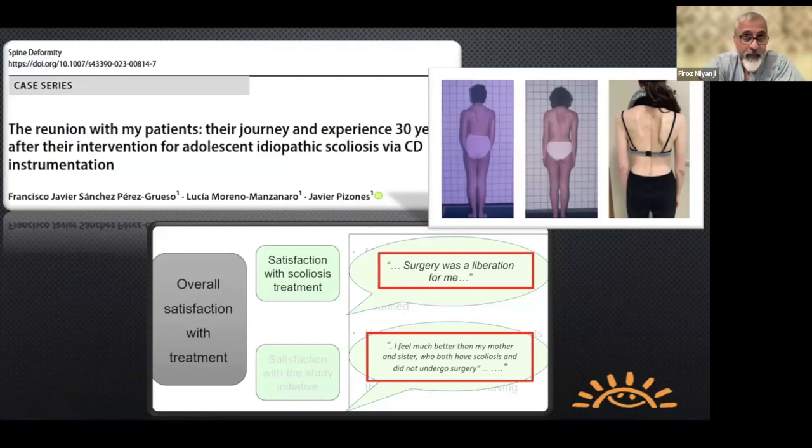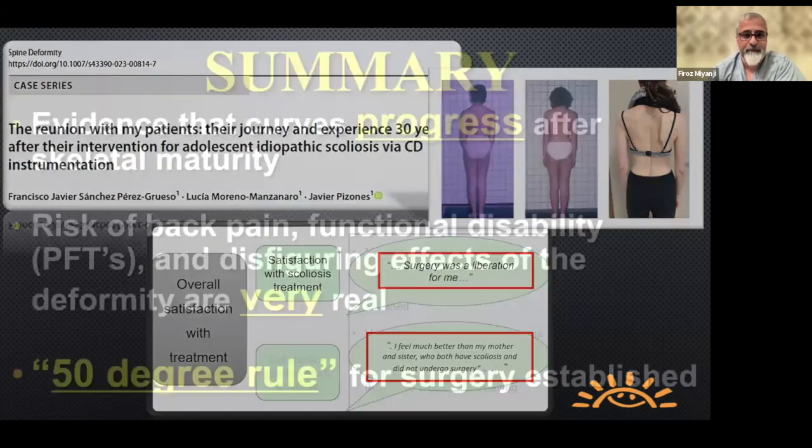They felt much better than family members who unfortunately did not undergo surgery when they had the chance. So this suggests that those patients, for the right indications, who were operated on as adolescents into adulthood, seem to be happy with the decision to go ahead with surgery as an adolescent.